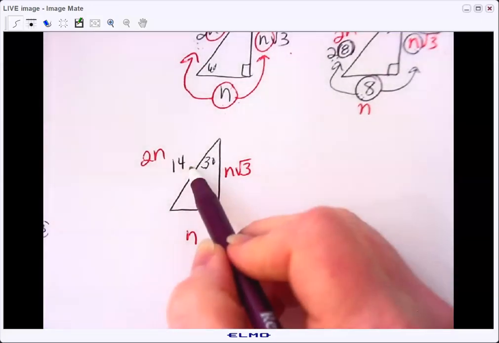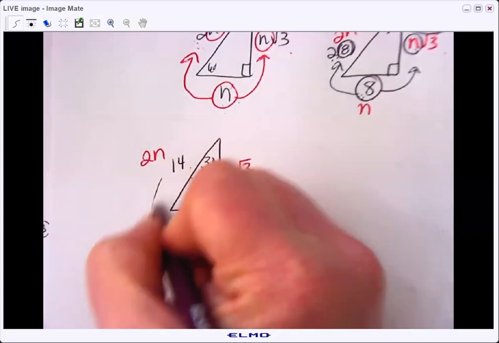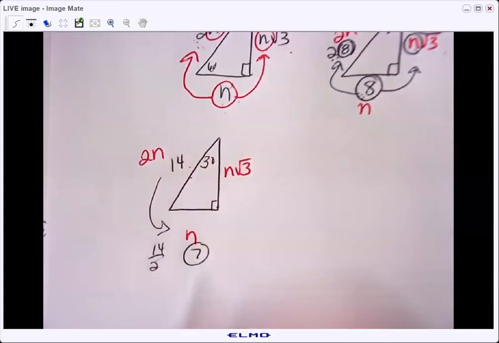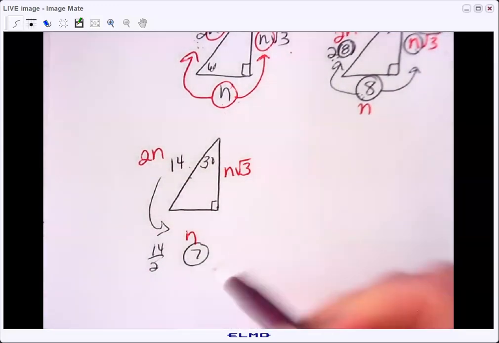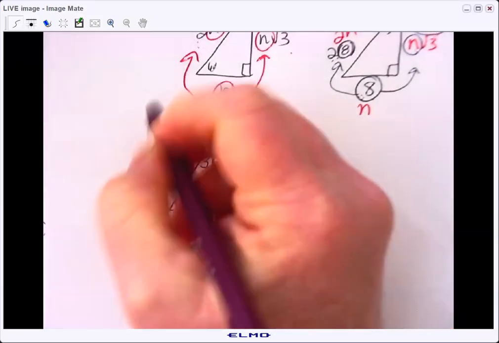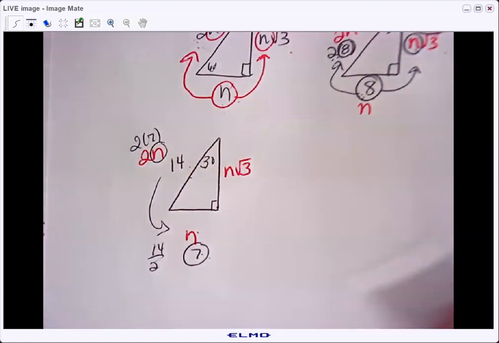Remember, this hypotenuse has to be the bigger one. So that means I'm going to divide by 2. So 14 divided by 2, and I get 7. That is my n. That's what they all have in common. 2 times 7 gave me the 14. So n is 7.